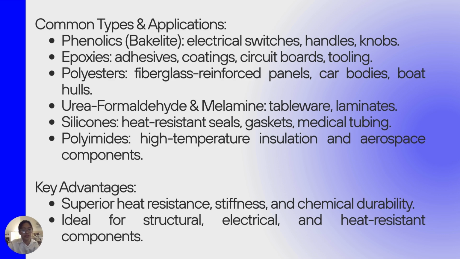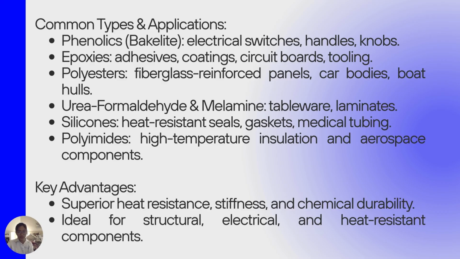Next, polyesters or unsaturated polyester resins, often reinforced with fiberglass to form fiberglass reinforced plastics (FRP), widely used in boat hulls, car bodies, and construction panels. Urea formaldehyde and melamine formaldehyde, used in laminates, tableware, and decorative surfaces due to hardness, heat resistance, and glossy finish.